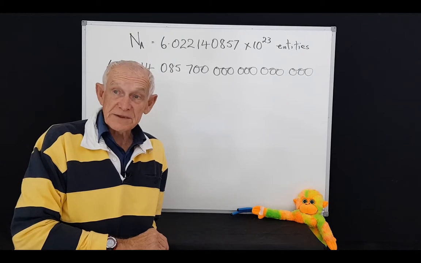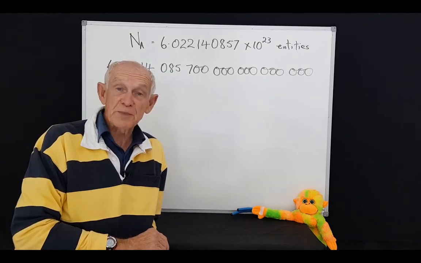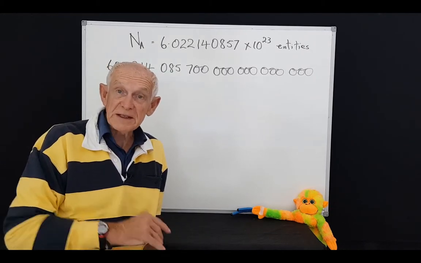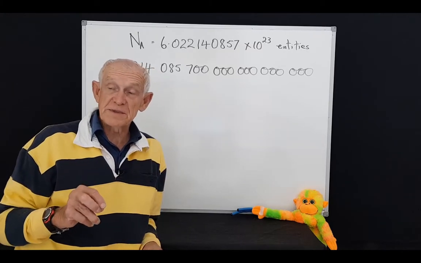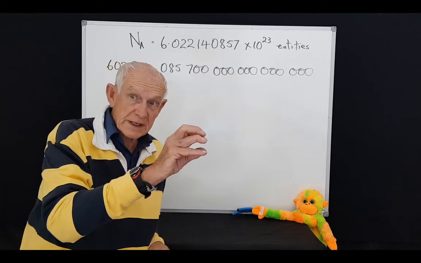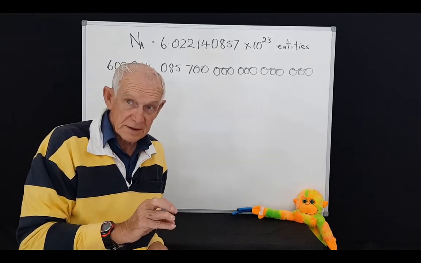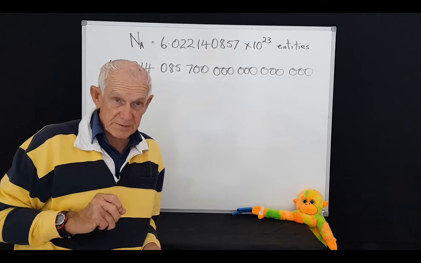Early 1800s, 200 and a bit years ago, people like John Dalton began to be able to estimate the relative masses of atoms of different elements, the weight of one compared to another. Relative, not absolute masses.